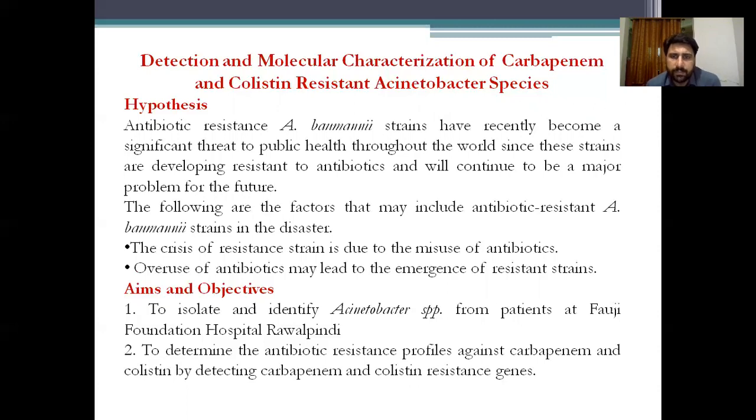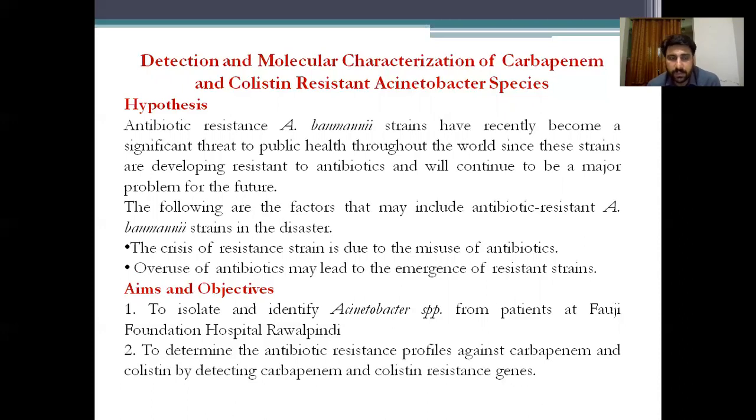The following factors may be included: the crisis of resistant strains is due to the misuse of antibiotics. Overuse of antibiotics may lead to the emergence of resistant strains. These can be the factors.